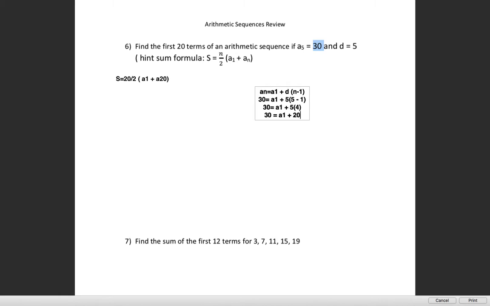Now we're almost there. We just have to bring this 20 over to the other side. The only way to do that is to do the opposite operation, so in this case, minus 20.